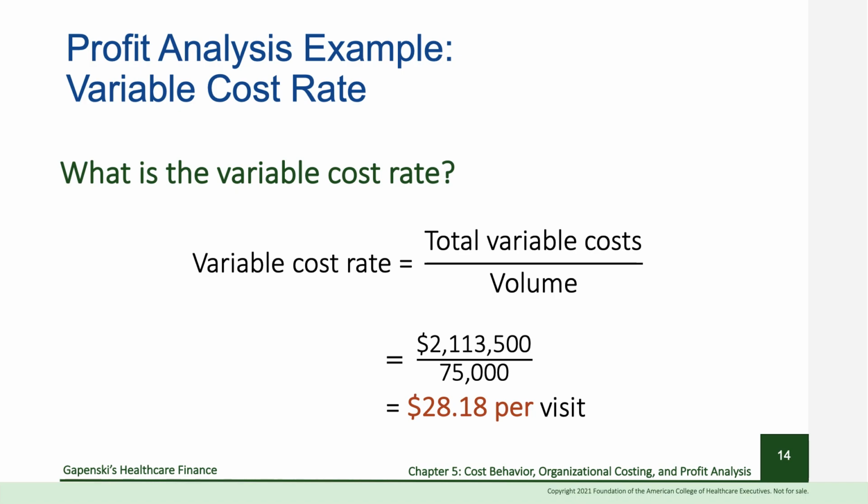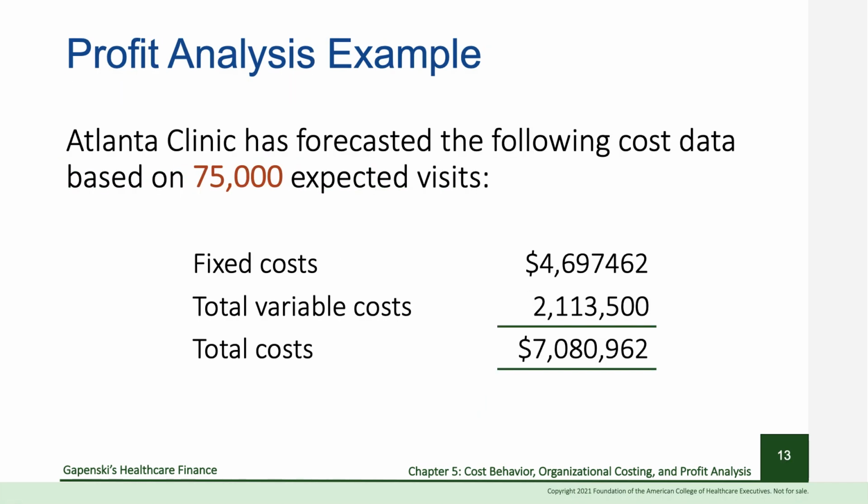Now, what is the variable cost rate? The formula for variable cost rate is total variable cost divided by volume. The total variable cost that we see on this slide is $2 million, 113,000 approximately dollars.